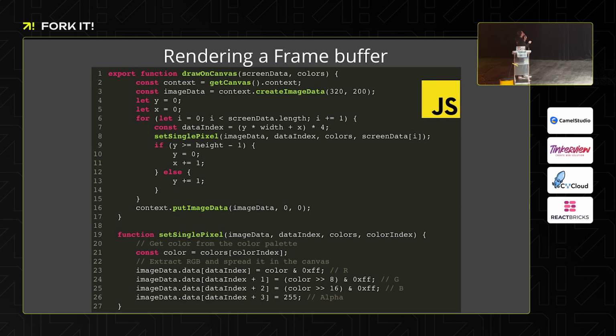So we first increment the index y before incrementing x. So we go line by line and then column by column. And for each pixel, we draw it like this. We extract the color from the color palette, and then we put the RGB values in each element of the canvas. Because in the canvas API, a pixel is 4 elements of the array: the red, the green, the blue, and the alpha.